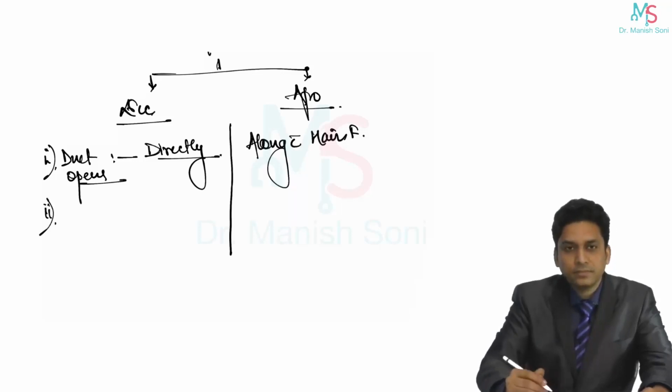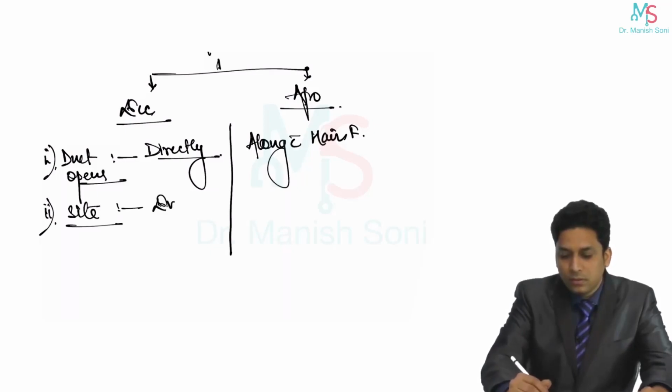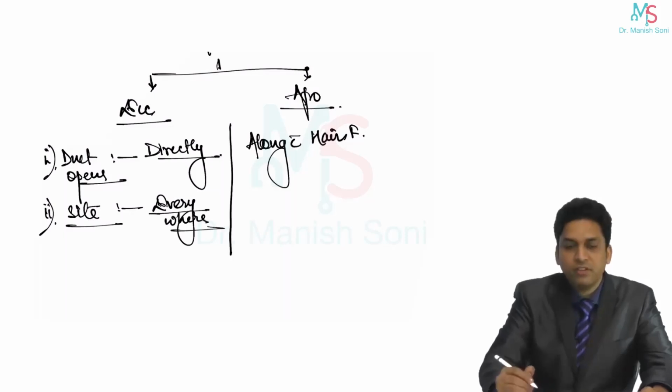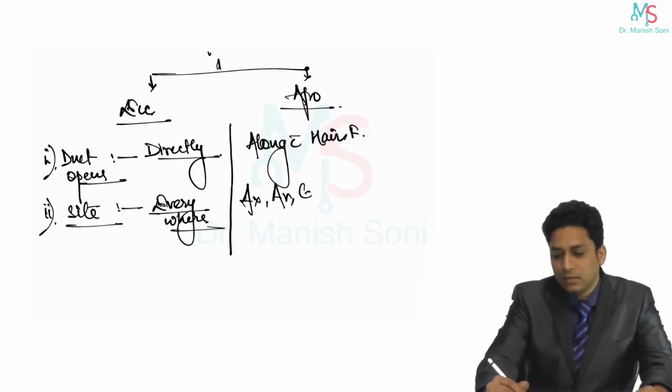Second difference, site. These are the common sweat glands present almost everywhere, while apocrine are present over axilla, areola and groin.